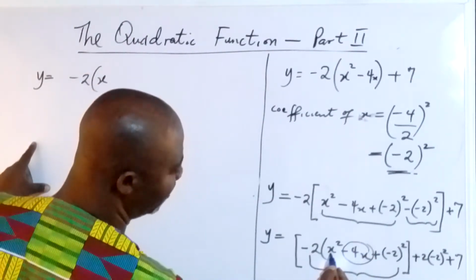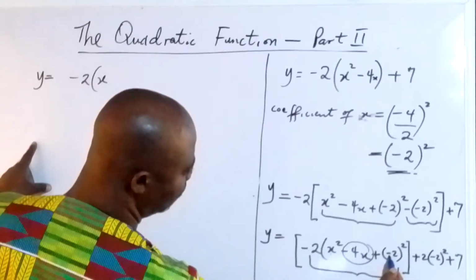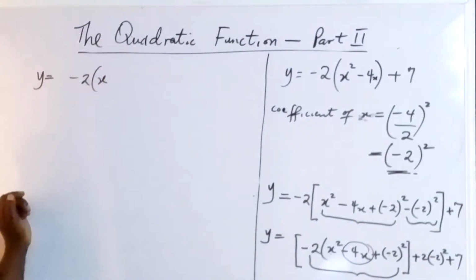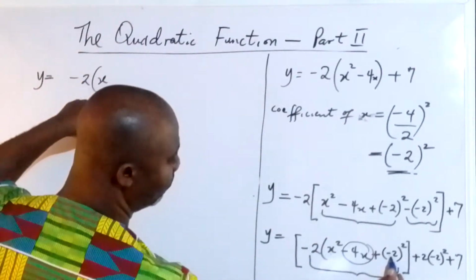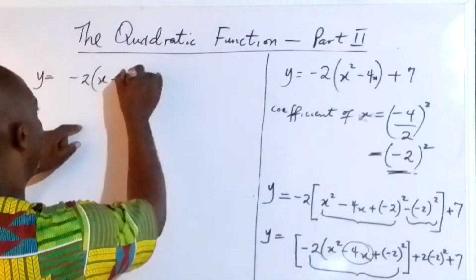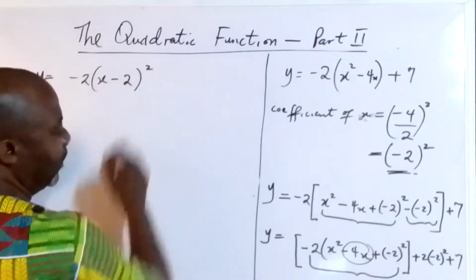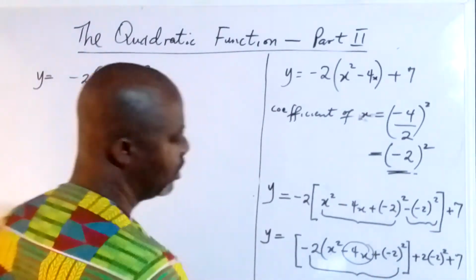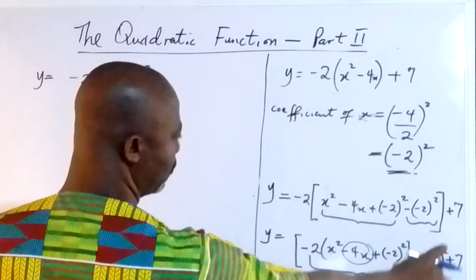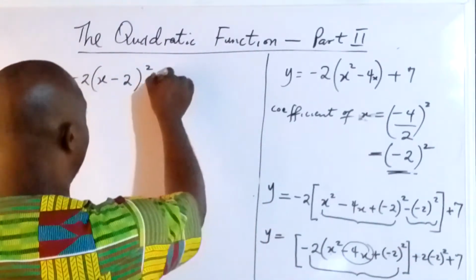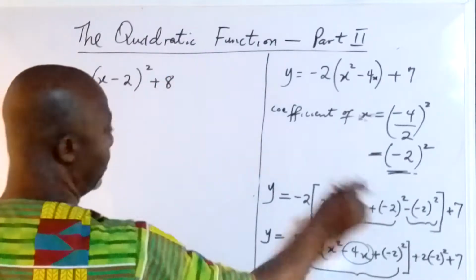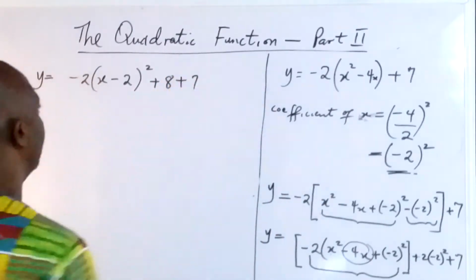I will take an x from this x squared and then take a minus 2 from the minus 2 squared, okay? So I've taken an x from here, then of course I'm taking a minus 2 here, minus 2 all squared. Then of course I have my plus 2, minus 2 squared is 4 times 4, times 2 rather, that's 8. 8 plus 7, okay?